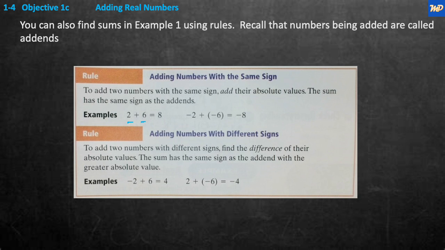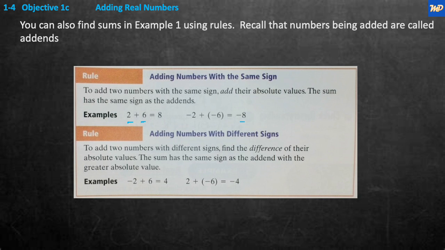If they were negative, looking at the next one here, we're going to have negative 2 plus negative 6. The absolute value of negative 2 is 2. The absolute value of negative 6 is 6. 2 plus 6 is 8. Here's our 8. But what's the sign? Well, it's negative because both signs are negative, so the solution is negative 8.